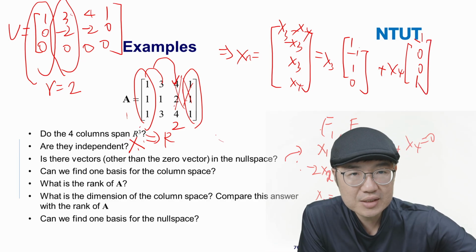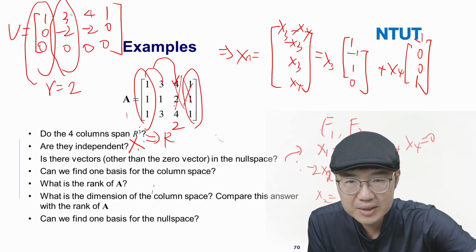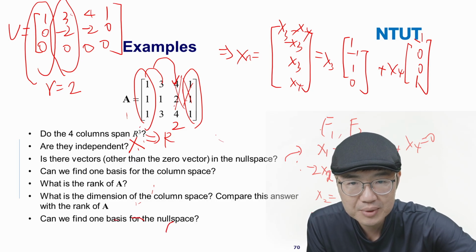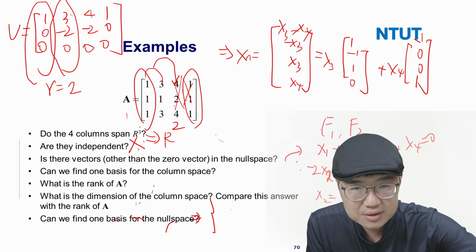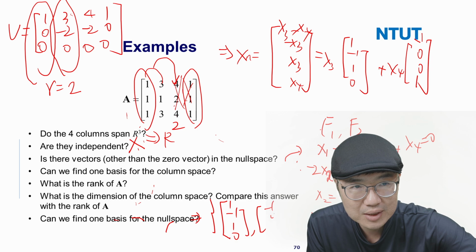When we express the null space vector, we can see the dimension of the null space is 2, and the basis for the null space is identified by minus 1, minus 1, 1, 0, and minus 1, 0, 0, 1.